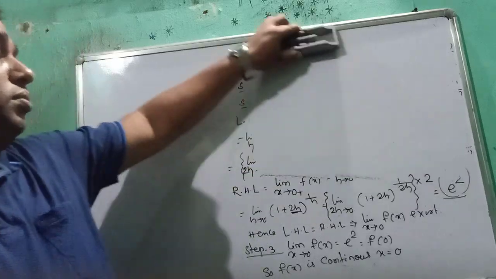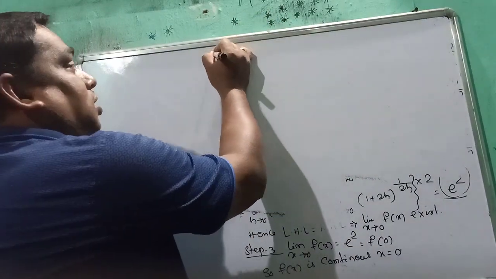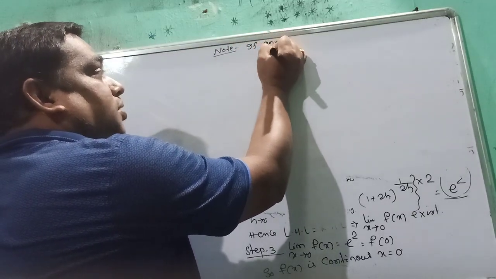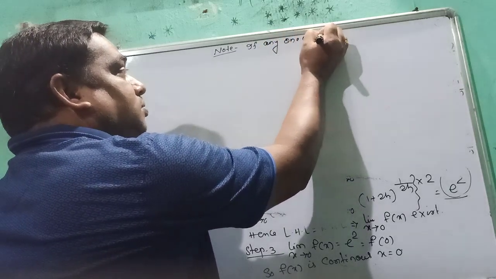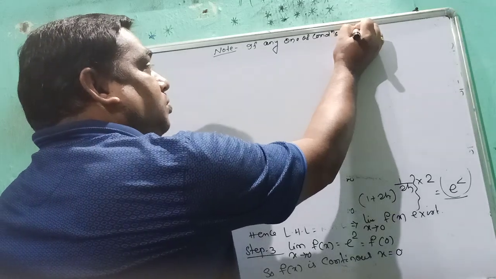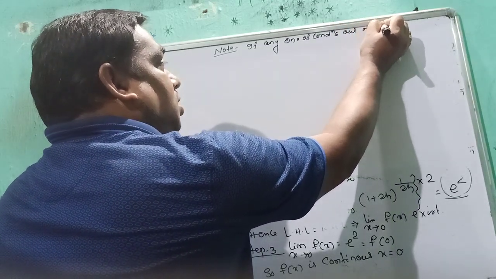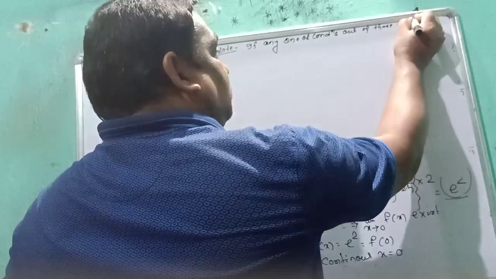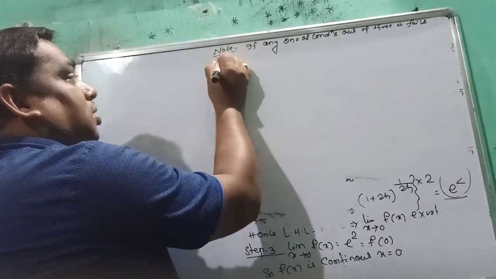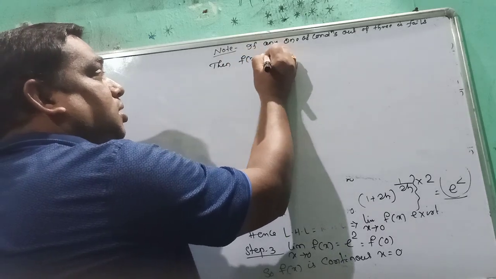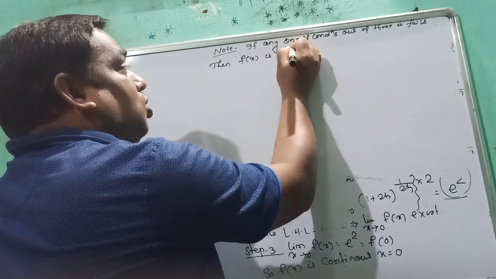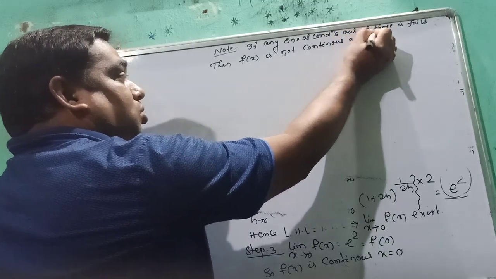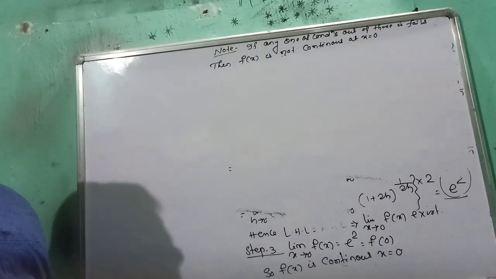Write a note here: if any one of the conditions out of 3 is false, then f(x) is said to be not continuous at x equal to 0.